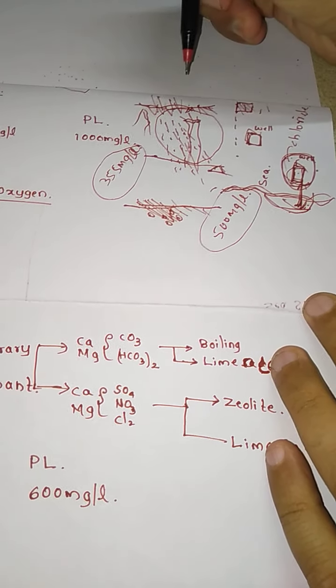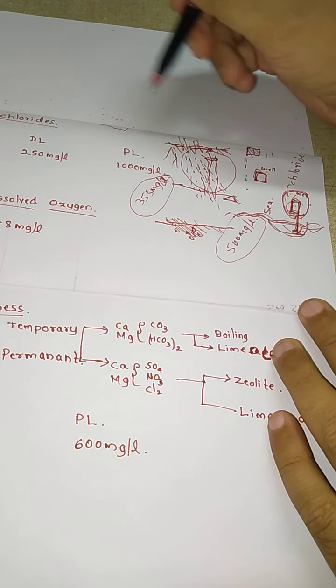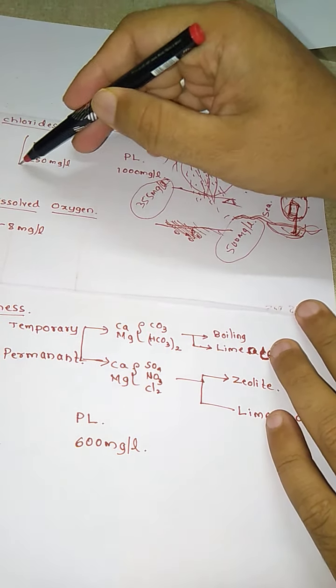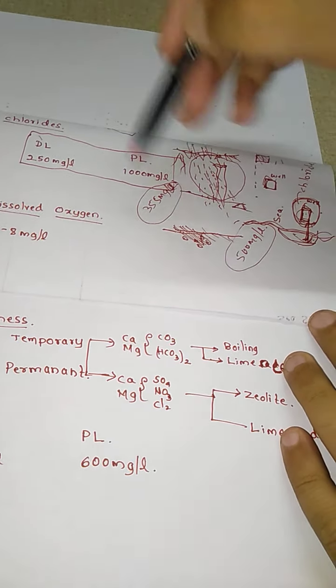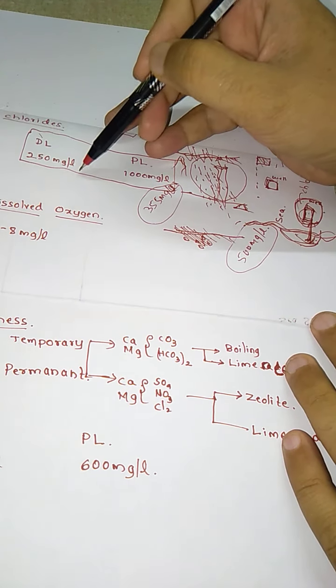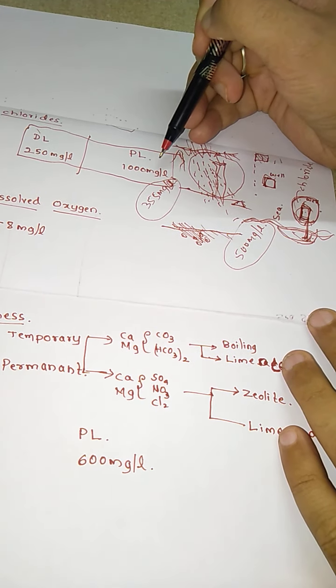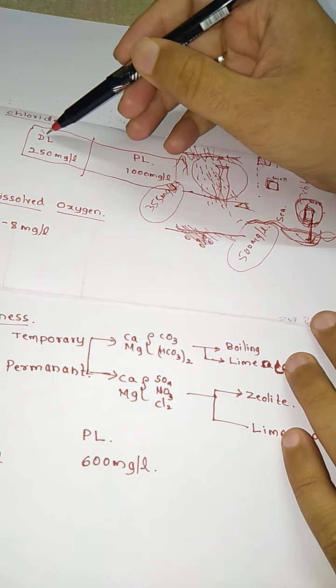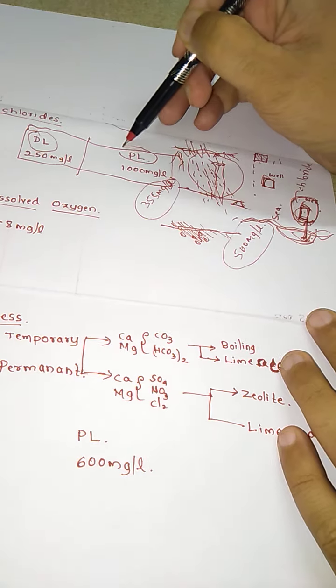So chloride content is important in this aspect. Our IS code has suggested 250 mg per liter as the desirable limit, and the permissible limit is restricted to 1000 mg per liter. In the last classes I have told what the desirable and permissible limits are.